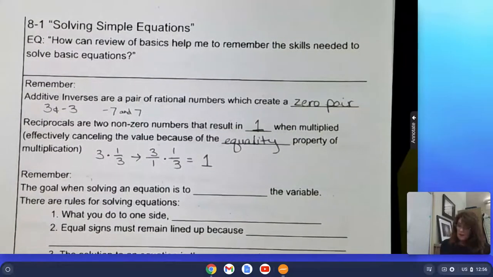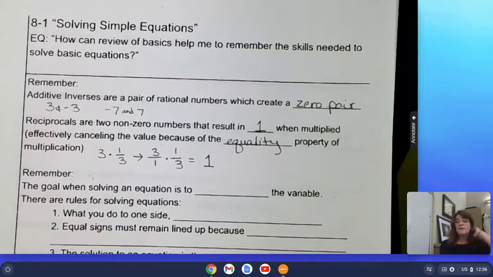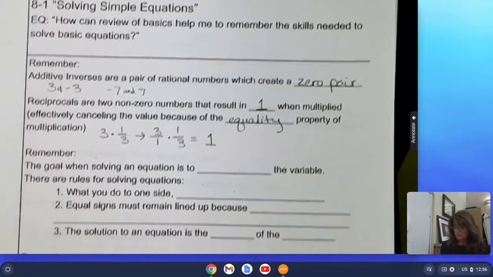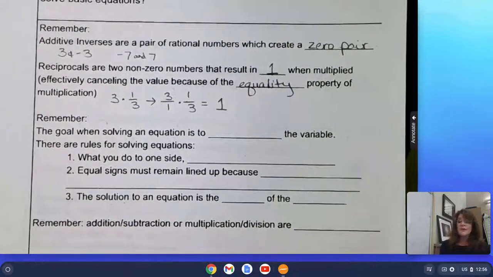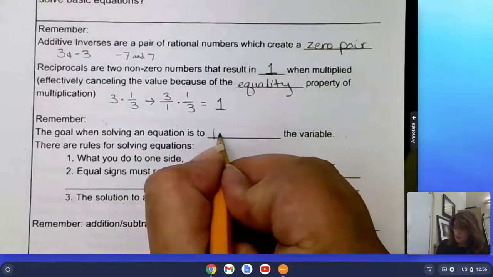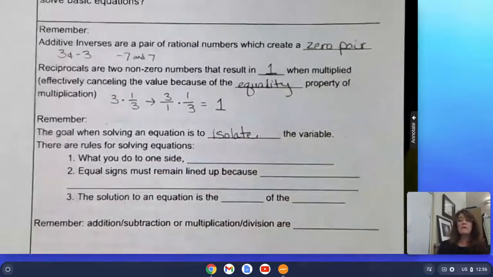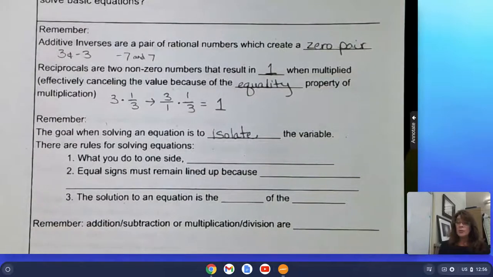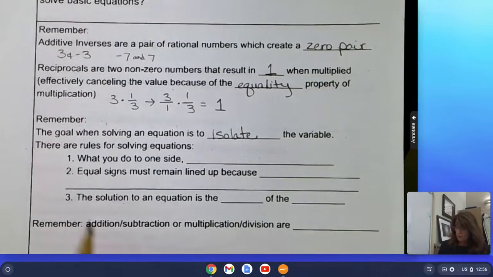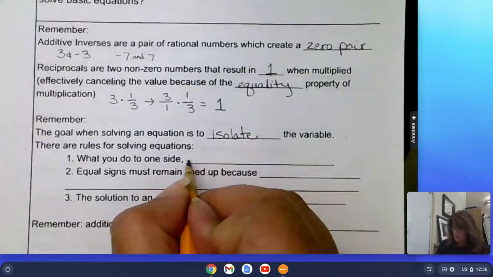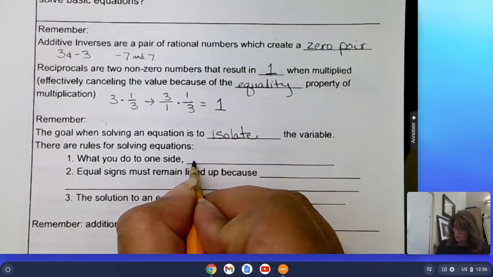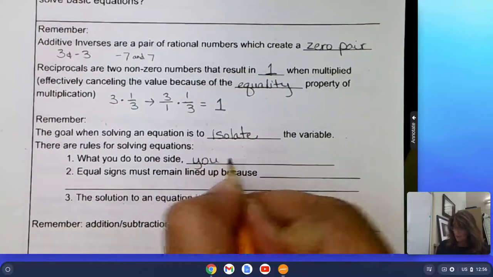Okay. Now, remember, and we have done this before, this is a review. The goal when we're solving an equation is to isolate the variable. And there are rules for doing that. What you do to one side of an equation, you must do to the other.